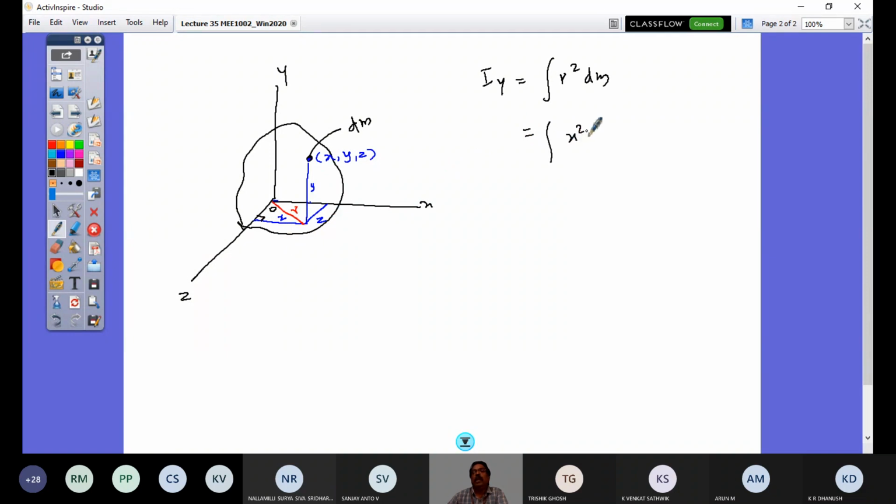So it is going to be the integral of x squared plus z squared into dm.